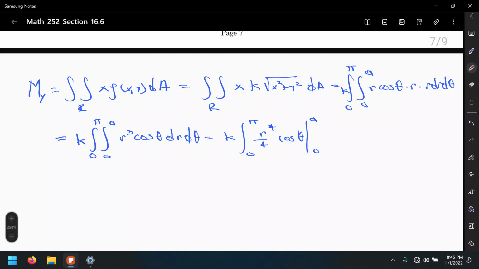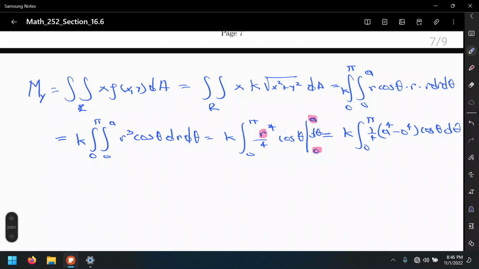These limits of integration, a and 0, we only plug into the variable r. So that's k times the integral from 0 to pi of a to the 4th over 4 minus 0 to the 4th, cosine theta d theta.